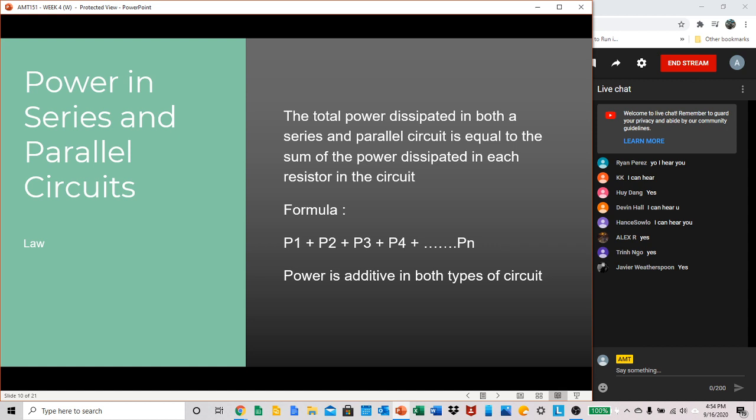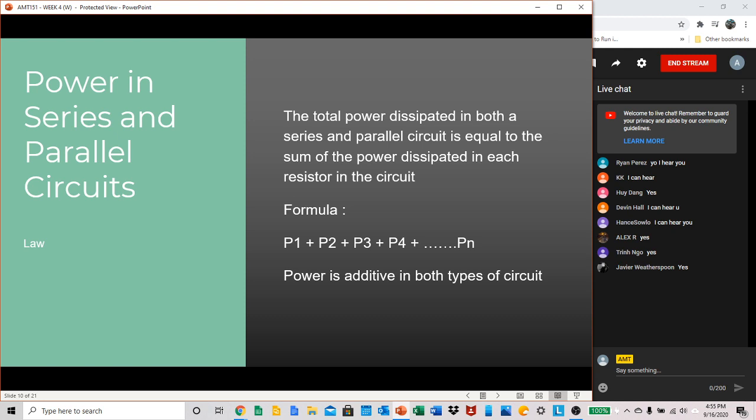So if you want to find total power, you're just going to add power 1, power 2, power 3, power 4, however many of those you have. It's simple addition, the sum of those. Power is additive in both types of circuits, parallel and series.